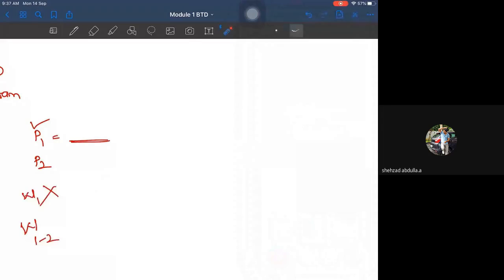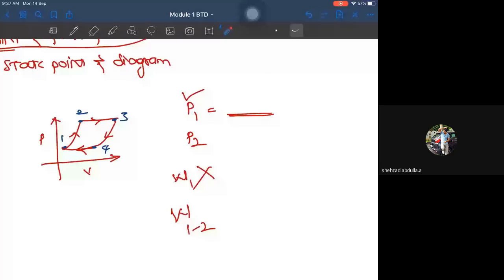Okay. So that is how you calculate the work done. Work done can be specified as W1 to 2, or W2 to 3, or W3 to 4, or W4 to 1 also. So you can calculate all of these, but you cannot calculate W at state 2 or W at state 3.